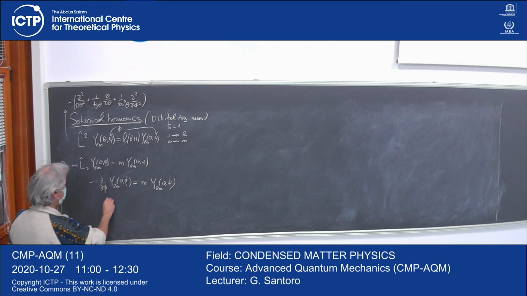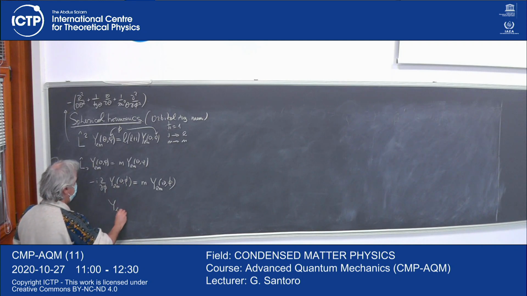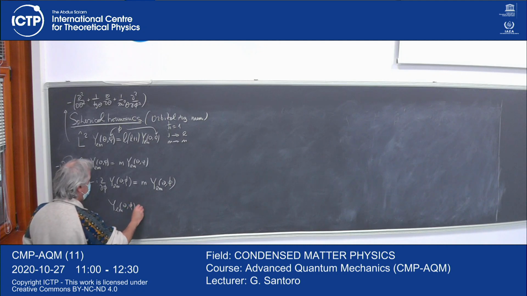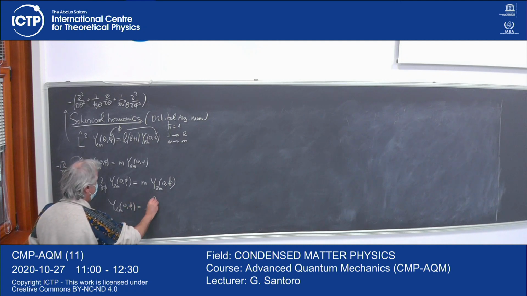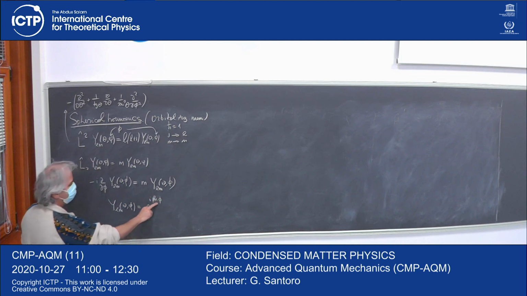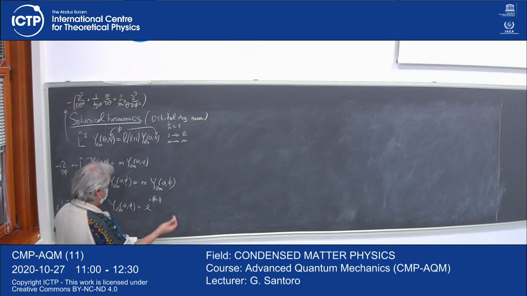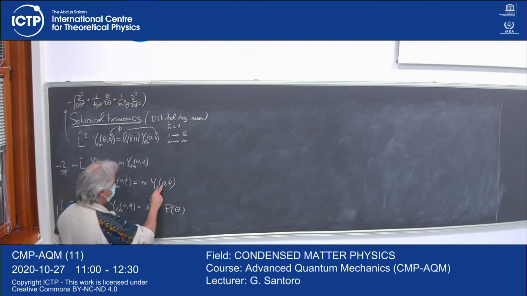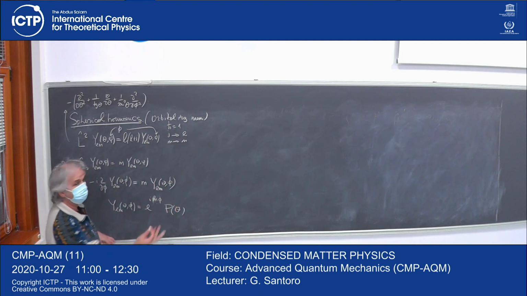So the result is that Y of L, m, theta and phi must be equal to e to the i m phi, times a function of theta. Theta plays no role, but still appears there.